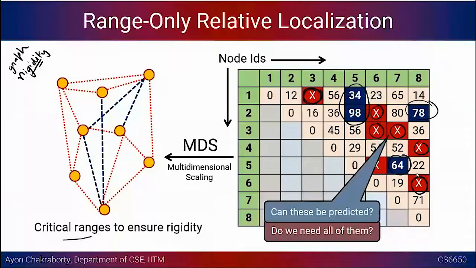You might require only a few, but you need to make sure that those few are responsible for making the graph rigid. Then, doing a multidimensional scaling operation on top of the Euclidean distance matrix, you can create the relative localization of the nodes. This is what is known as the relative localization of the nodes.